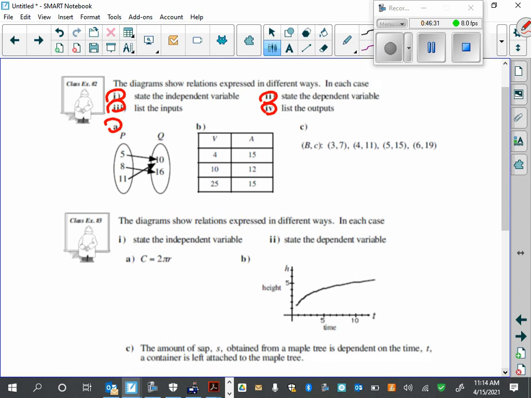Now, again, if it doesn't have X and Y, just assume it's in alphabetical order, and the first one's X and the second one's Y. Also know that if it says variable, your answer should be a letter. If it says what's the independent variable, your answer should not be 1/2 or pi, because those are not variables. Those are numbers.